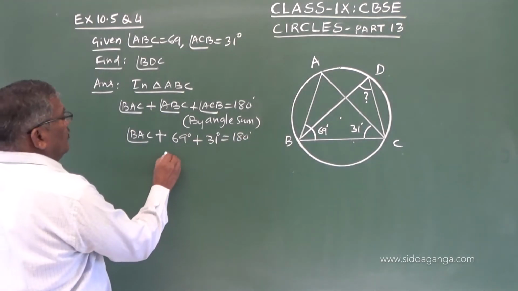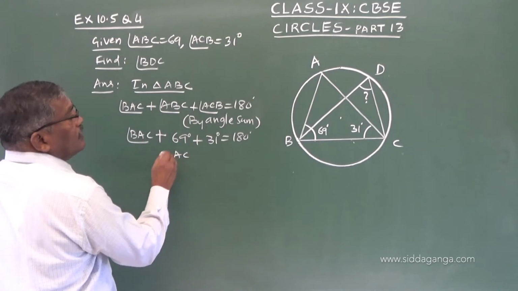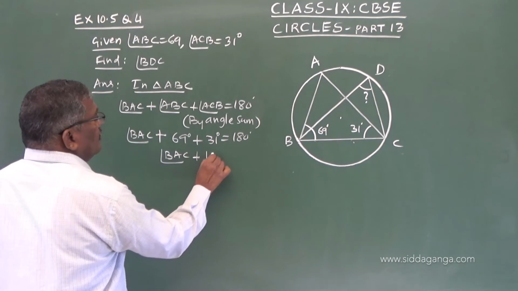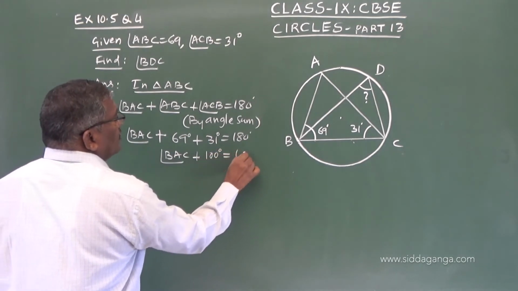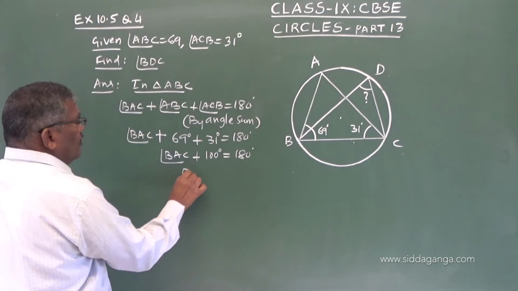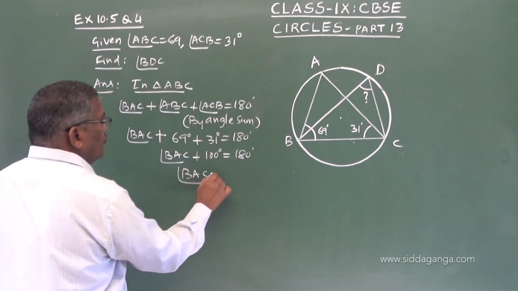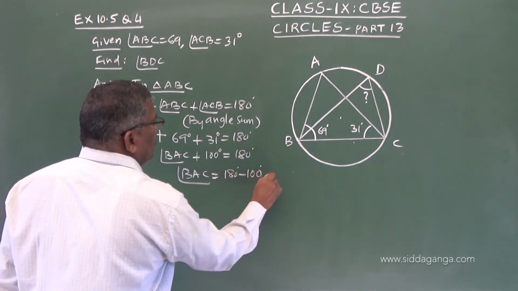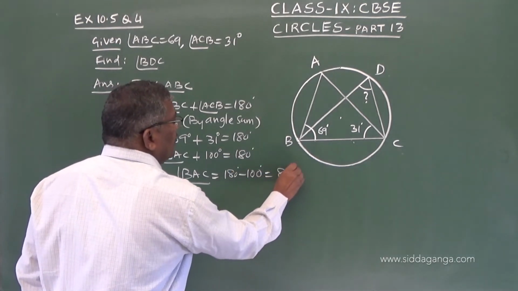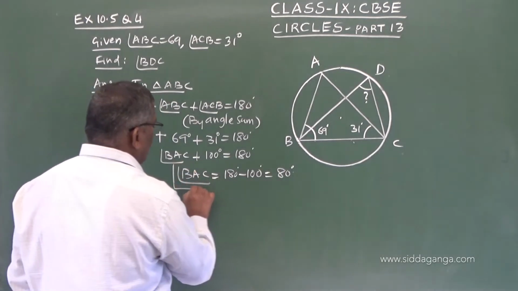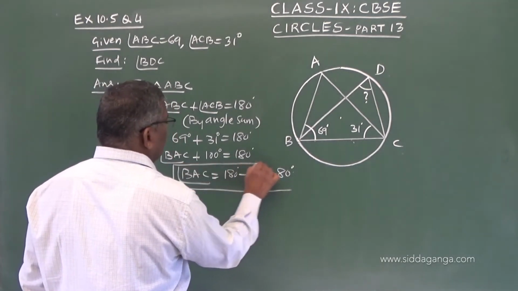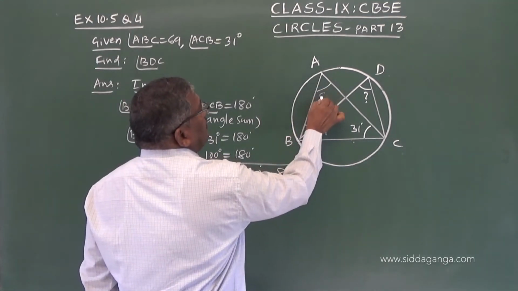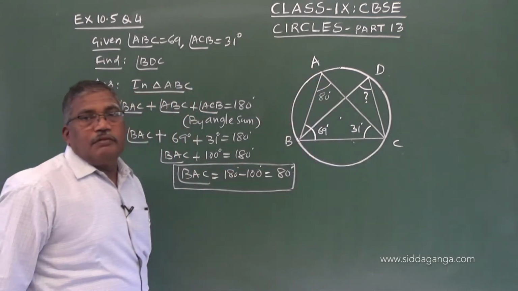Now BAC plus 69 plus 31 is 100 degree equals 180 degree, or BAC equals 180 minus 100 is equal to 80 degree. So we got the value of BAC. This angle is 80 degree.